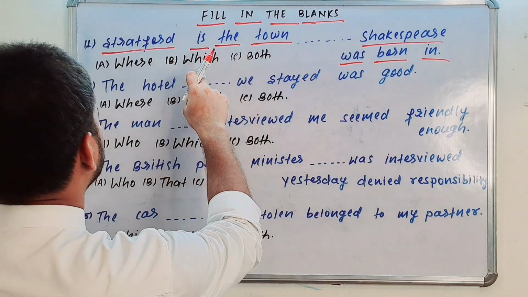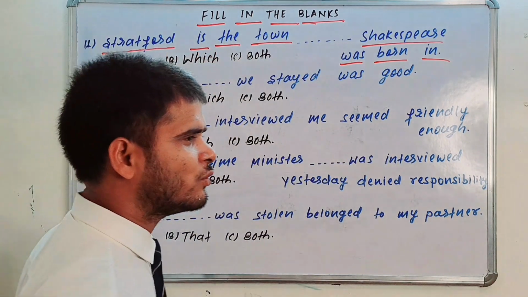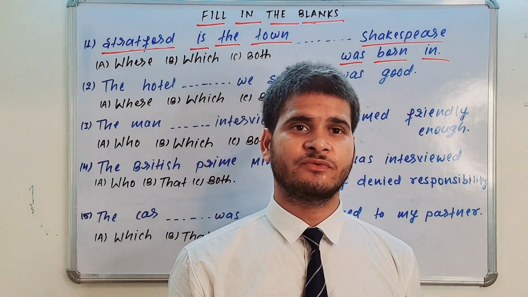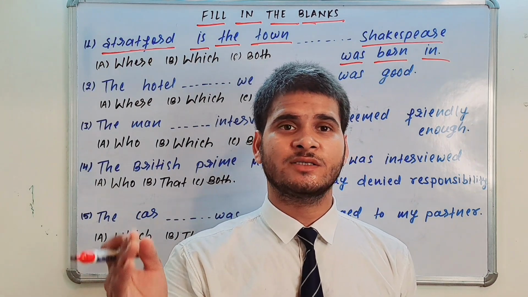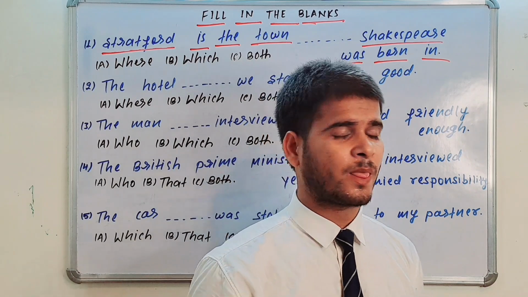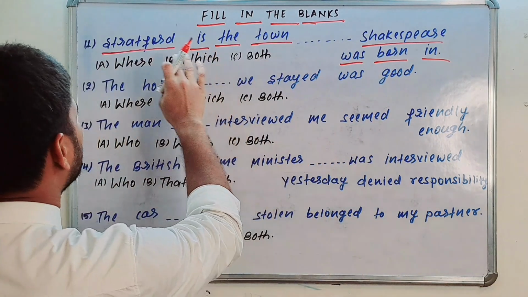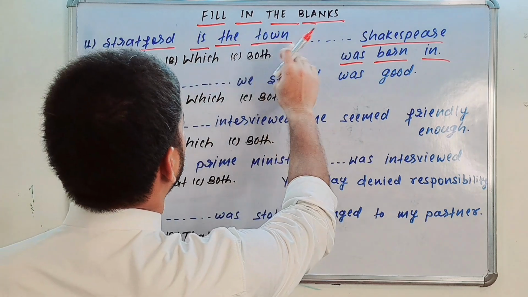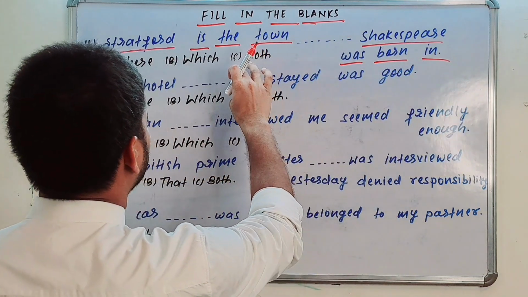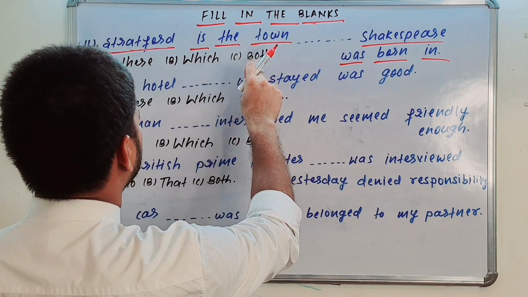Second option, which. First know that the relative pronoun which is used for animals, things, or an idea, but not for a person. So here: Stratford is the town which Shakespeare was born in. The third option is both.